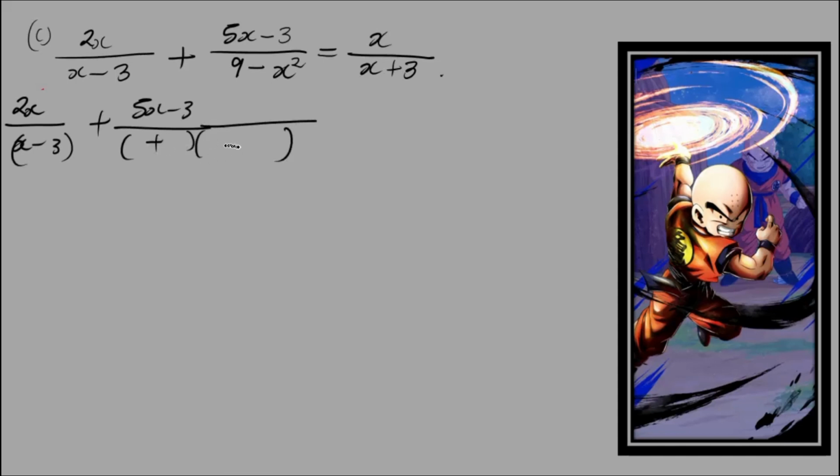I have a positive and a negative because this is a difference of two squares. So I have a 3 as the first term, and a 3, and an x and an x. This equals x all over (x plus 3). Is this factorizable? No, but it's a binomial, so I'll put it in brackets.